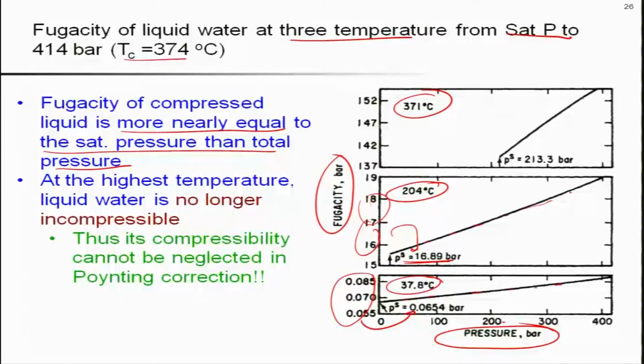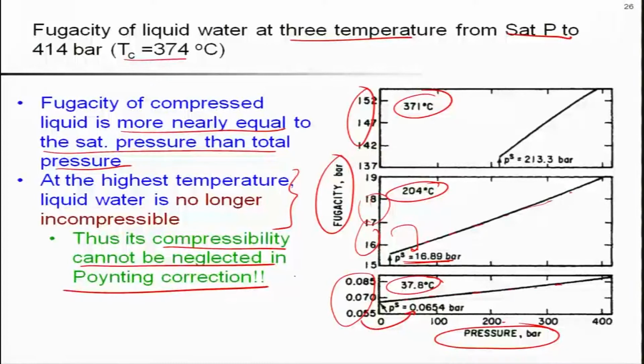And the other important thing is that at high temperature, liquid water is no longer incompressible, which is evident from these values of the fugacity, because it deviates significantly from here, which indicates that at very high temperature the compressibility cannot be neglected in Poynting corrections.